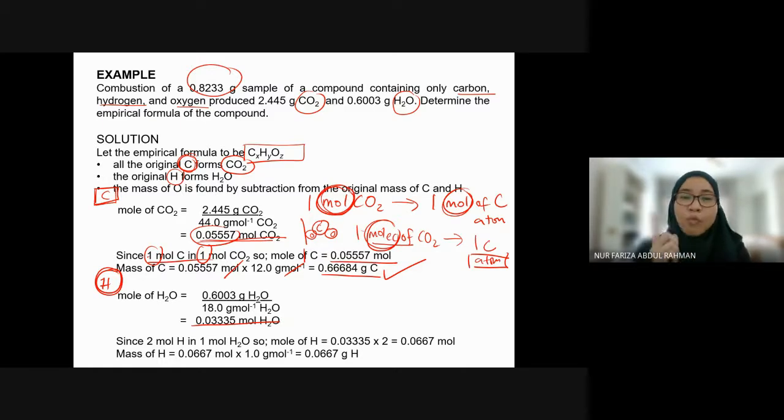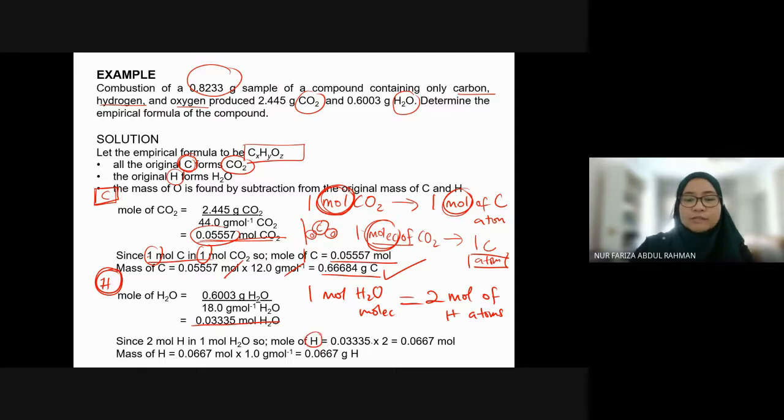If it is for 1 mole, therefore, 1 mole of H2O should consist of 2 mole of hydrogen atoms. By using this understanding, we have the mole of H2O already, that means dia kena times dengan 2. The mole of hydrogen atom should be multiplied with a factor of 2. As you can see, ini pun buat saya geram juga ni. There's no unit, then suddenly the unit appears. So there should be a unit here.